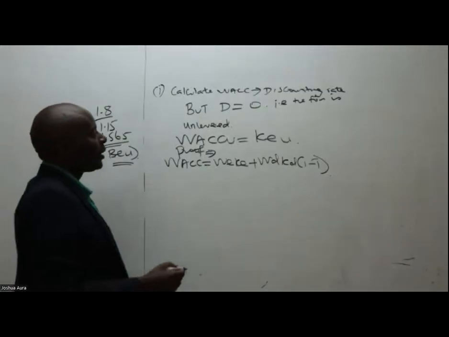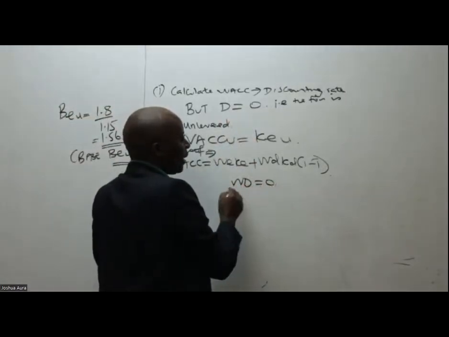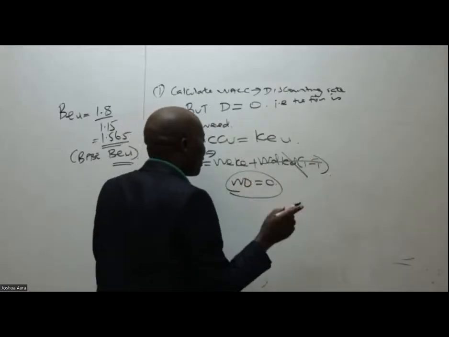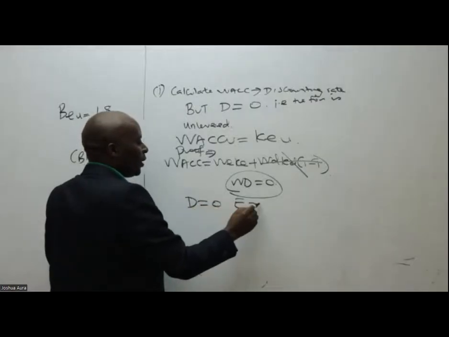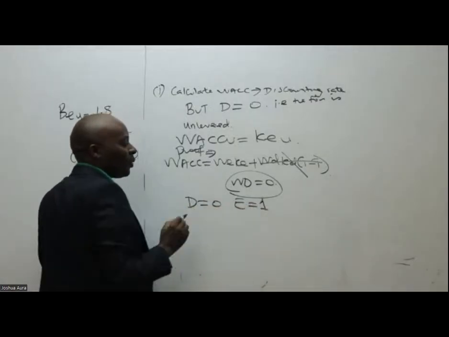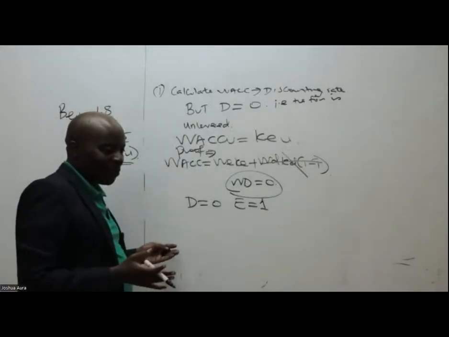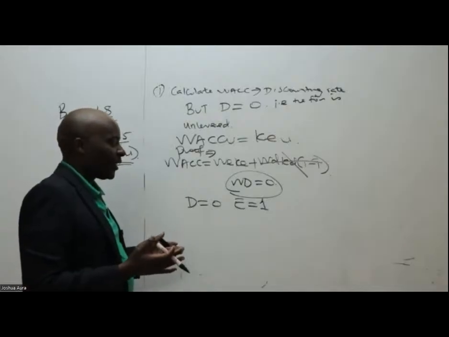Remember that if debt is 0, then automatically the weight of debt will be 0, and this kills everything there. And if debt is 0, then the weight of equity will be 1, because the two must always add up to 100%.